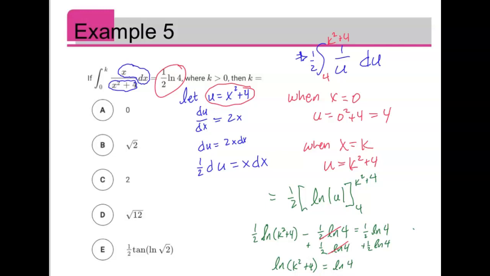All right, well, we can then just drop the natural logs, can't we? If natural log of A equals natural log of B, isn't it true that A has to equal B? So then I get x squared plus 4 equals 4. What is x going to have to be? Or I should say k squared plus 4 equals 4. Sorry.